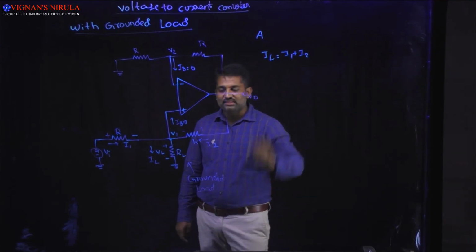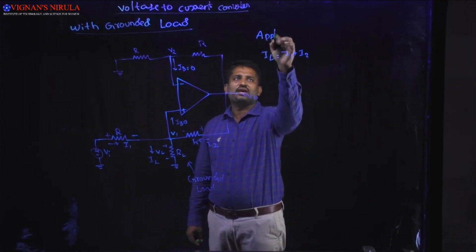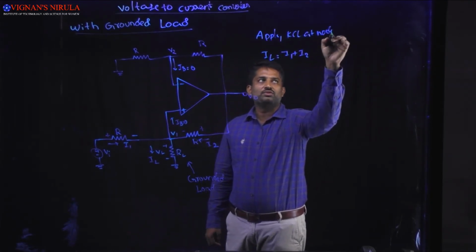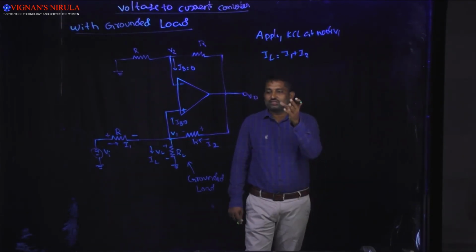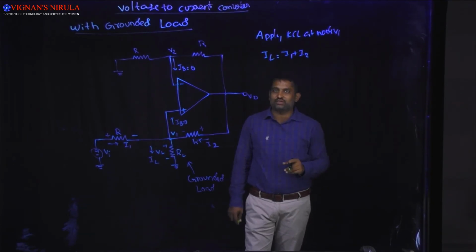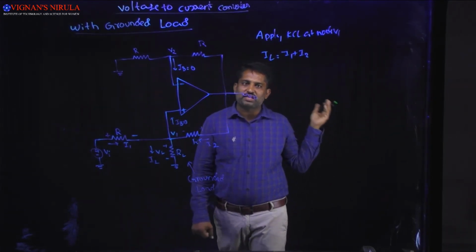How can we get this IL is equal to I1 plus I2? Apply KCL at node V1. So first calculate IL, calculate I1, and then calculate I2. Substitute all those values in this expression, then we can easily solve for the output load current expression.